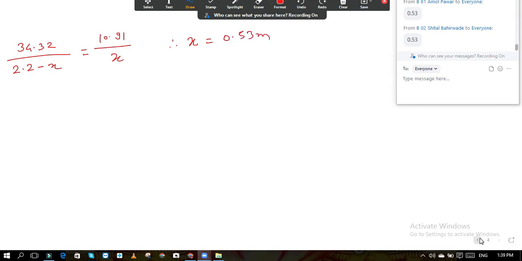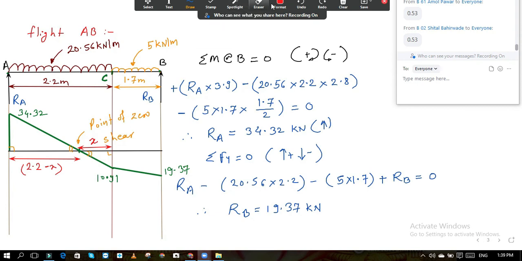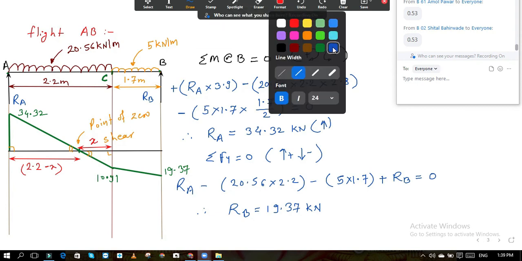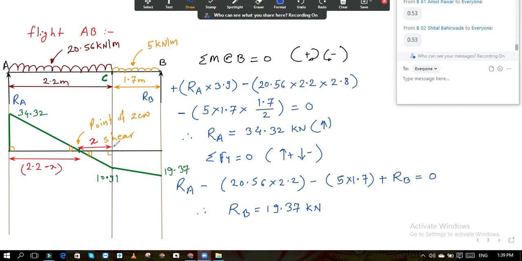From point C, it is 0.53. So if I want to calculate it from point A, what will be the value? It will be 2.2 minus 0.53. What is the answer?